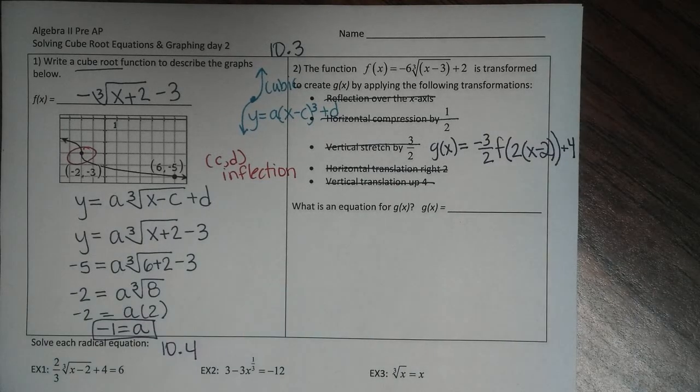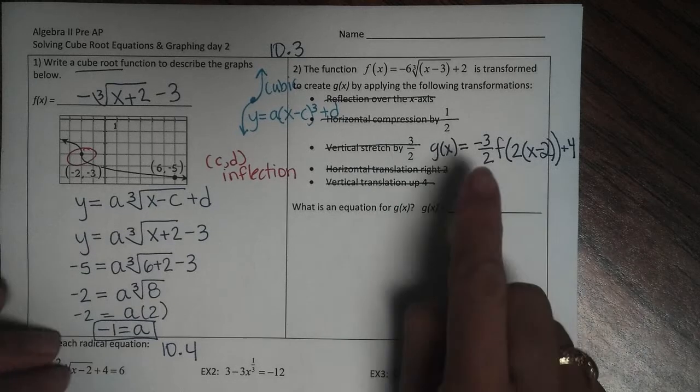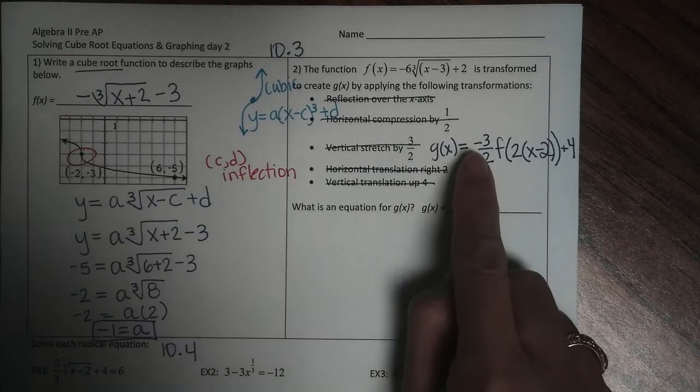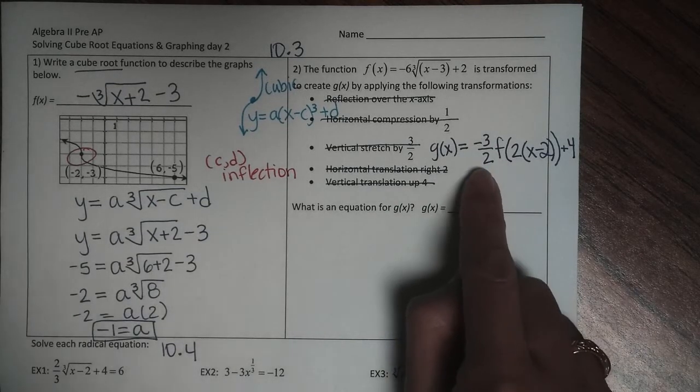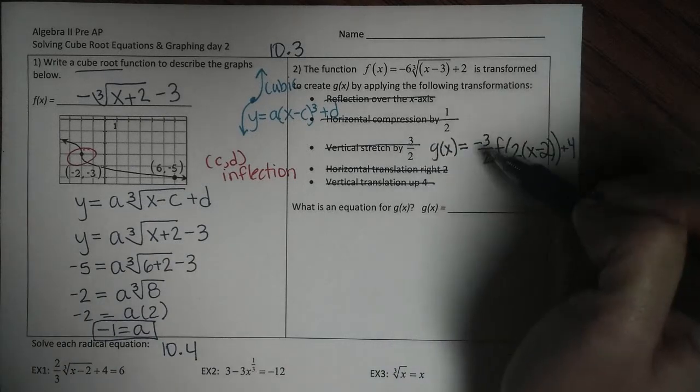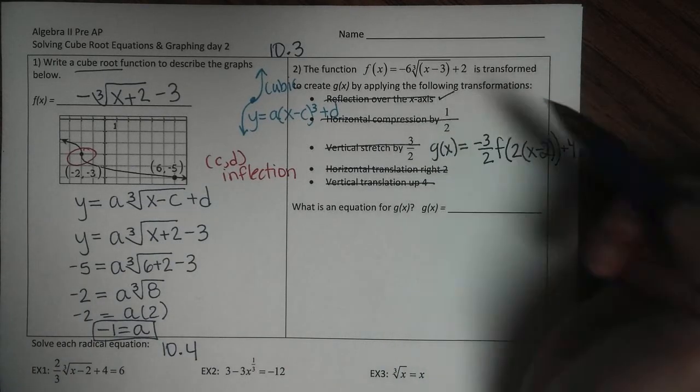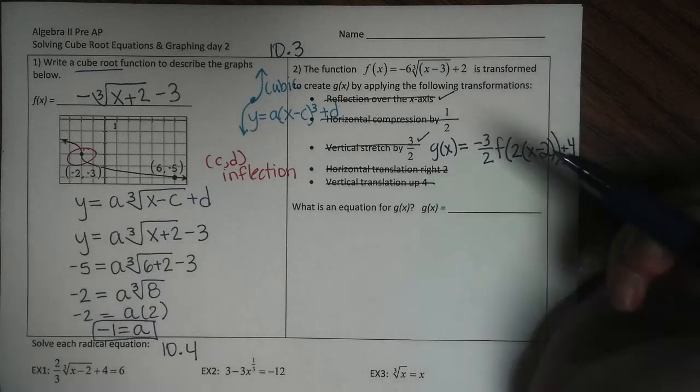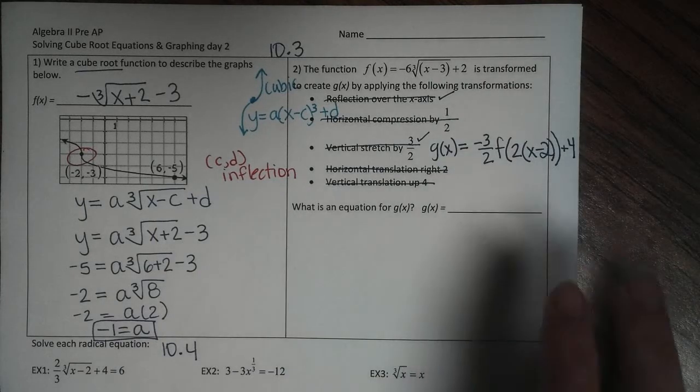I always like to go back and double check that I did them right. Once I think I have the equation, I go back and list each transformation. Negative 3/2 is outside the function, so that is an a value, which is reflection over the x-axis, vertical stretch by 3/2. Good, I've done it right so far.